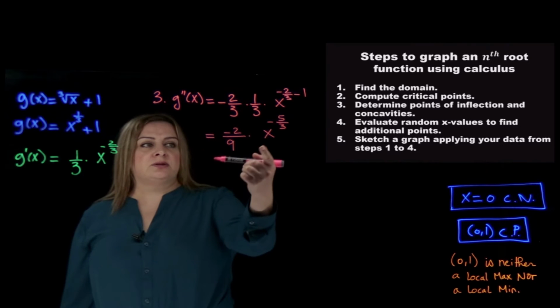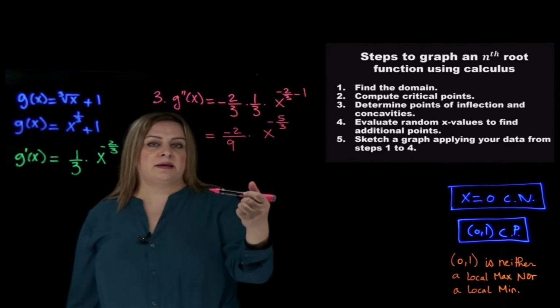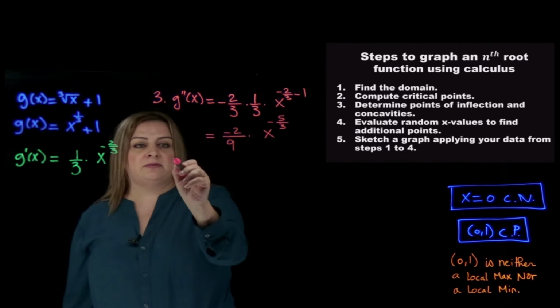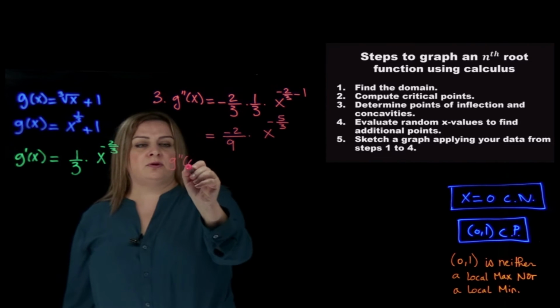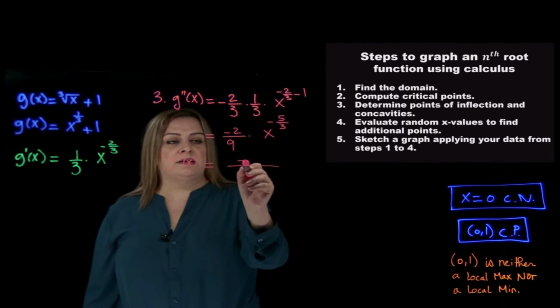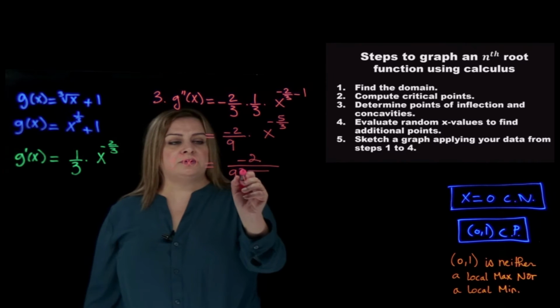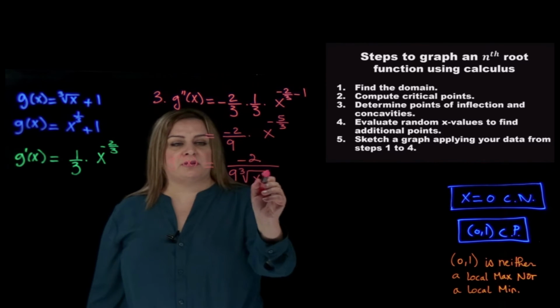Rewriting this answer by applying the negative exponent rule and using the radical, we will have an equivalent form. g double prime of x equals negative 2 over 9 times cube root of x to the 5th.